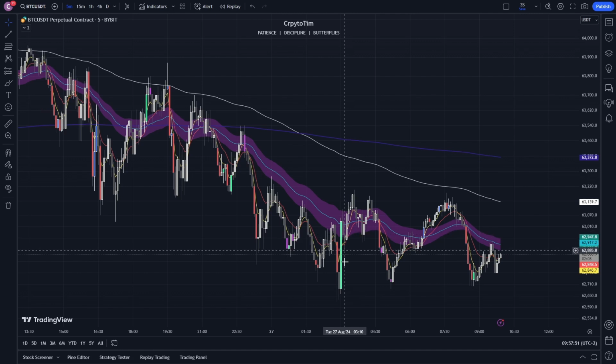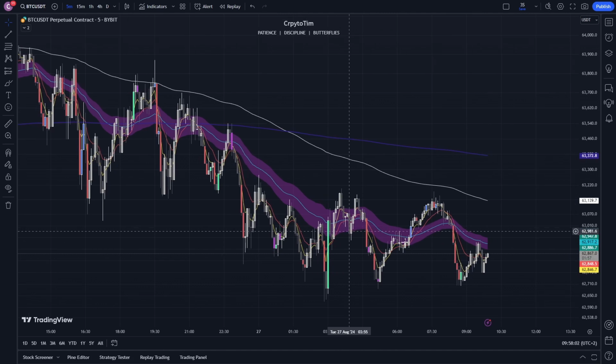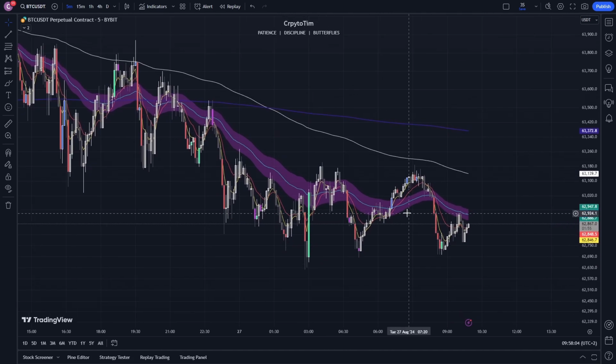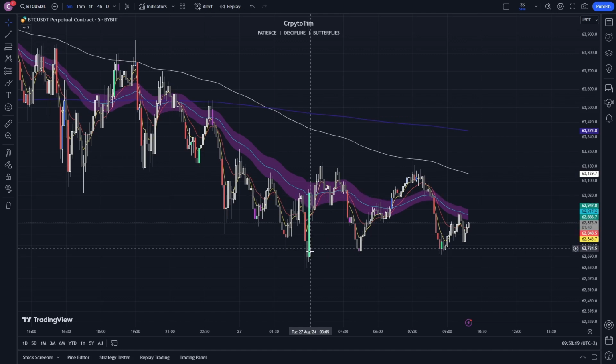There's a lot of people longing, so they have to go short. So they open shorts here, here, here, here, here. Knowing that market makers are opening short positions, we can be pretty much sure, or we do expect, price to come back into this vector candle for the market makers to close their short positions.